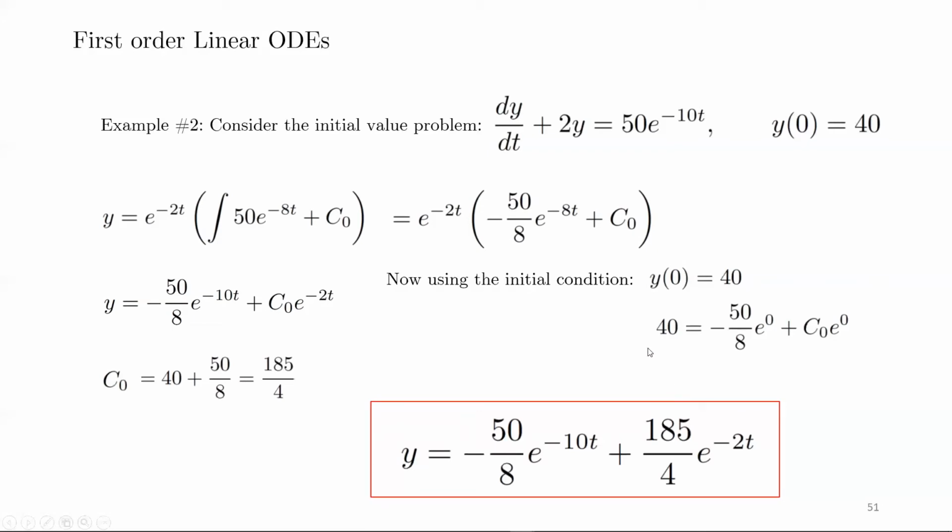Okay, so just as a summary of the integrating factor method, firstly we have to say, is the ODE a first order linear equation? If no, then we're going to have to use another method. For example, if it's a separable equation, we can just separate the variables. But if it is a first order linear equation, then we can use the integrating factor method.